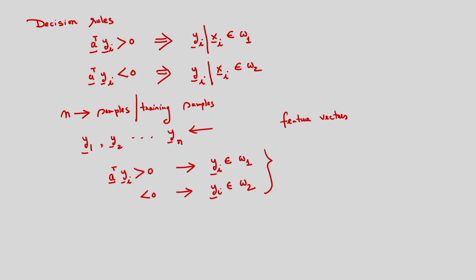Now in this case, we are considering two decision criteria. Instead of considering two decision criteria, is it possible to determine only a single criterion? We will consider only a single condition, and if the condition is satisfied, then the samples are classified correctly, and if it is not satisfied, the samples are not correctly classified.